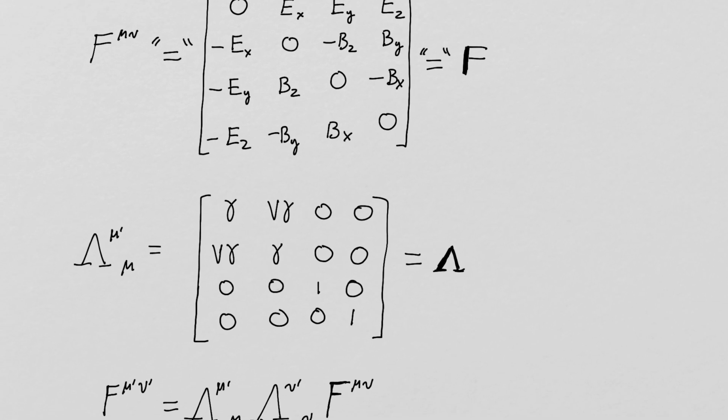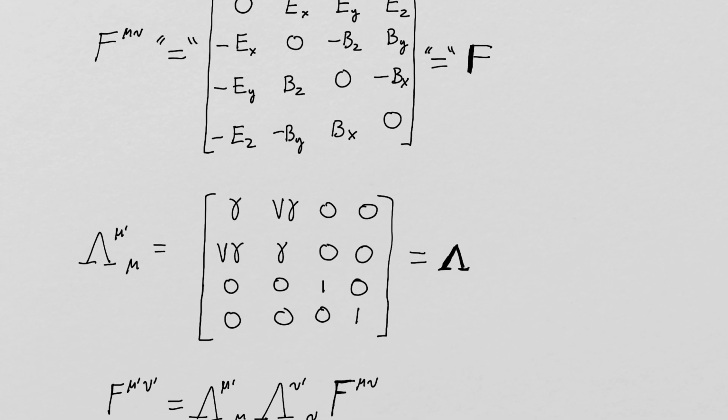Now, because we've chosen these entries, this is our standard Lorentz transformation, it should be clear that this represents a Lorentz transformation with a velocity of minus v between the 2 frames, only in the x hat direction, right?